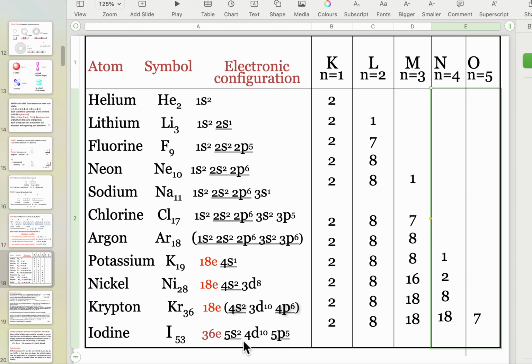So again here there is overlap: 5s comes before 4d, and then 5p will come. So in the electronic configuration, the main shell 4 has 18 electrons, and in shell 5, 2 and 5, that is 7 electrons.